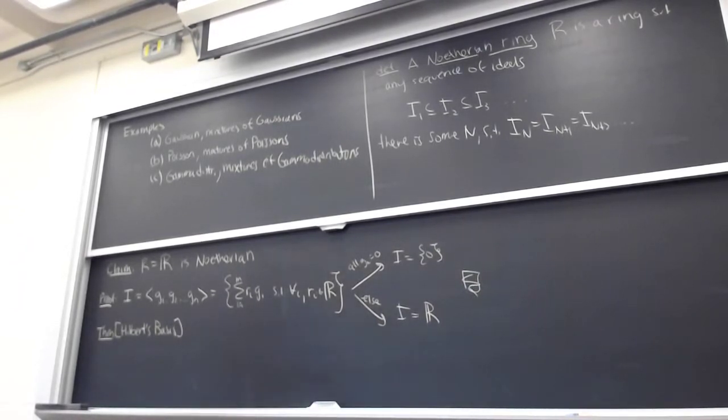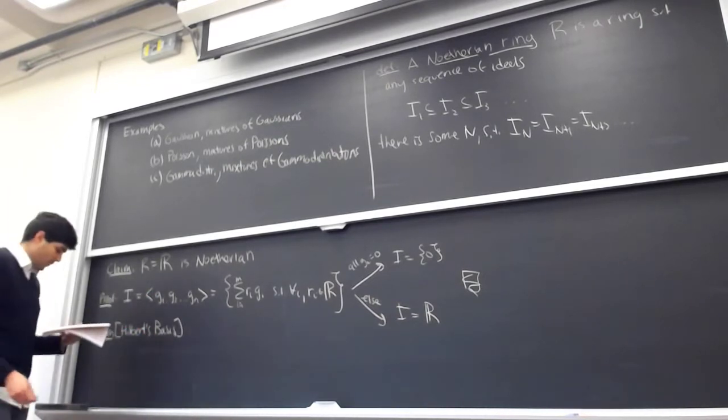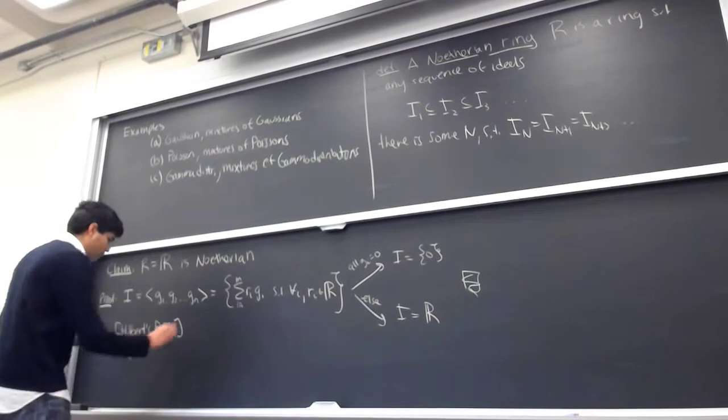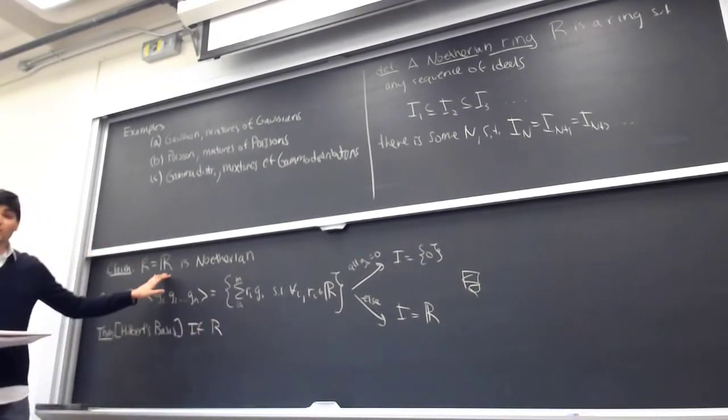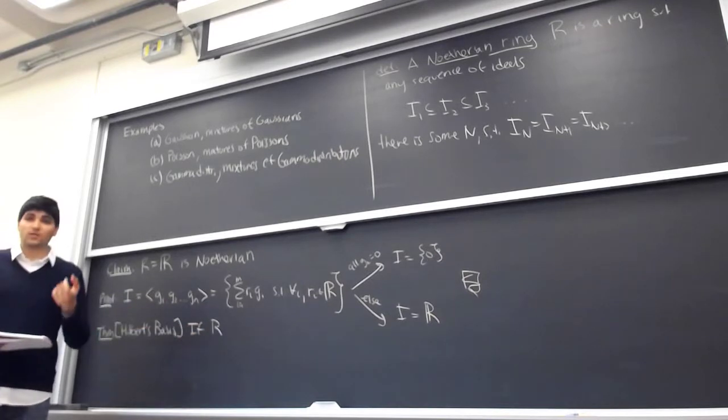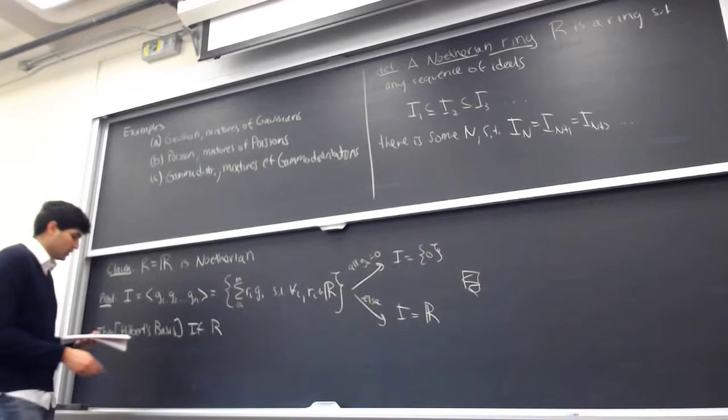But actually, there's a way to build up from a Noetherian ring another Noetherian ring, which is more complicated, which is just the statement that if any ring R, so this could be the reals, or it could be R of x, so univariate real coefficient polynomials.